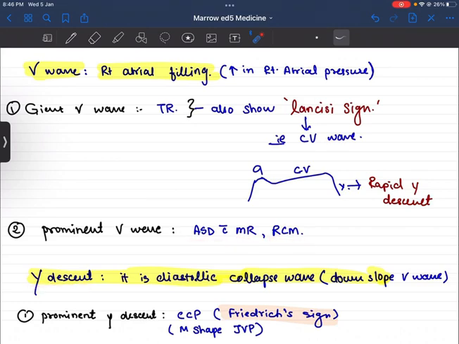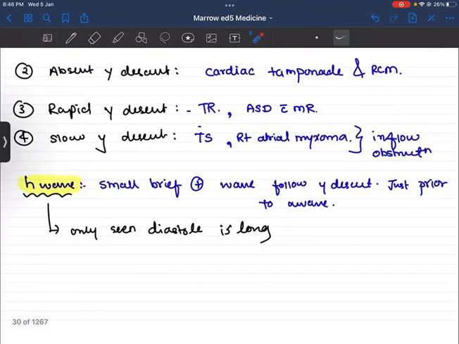Y descent is a diastolic collapse wave, the downslope of the V wave. Prominent Y descent is seen in chronic constrictive pericarditis, which also shows the M-shaped JVP, and this prominent Y descent in CCP is called Friedreich sign.